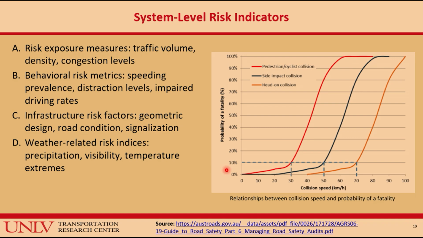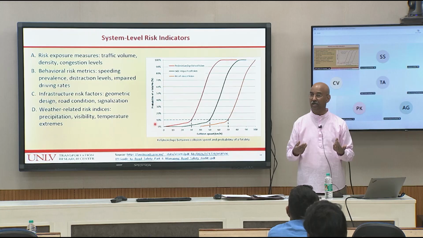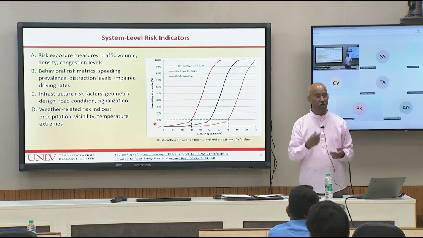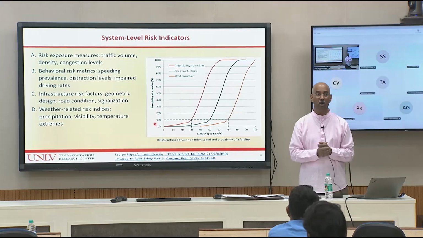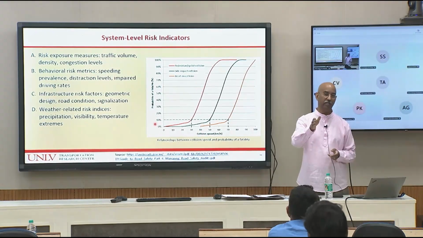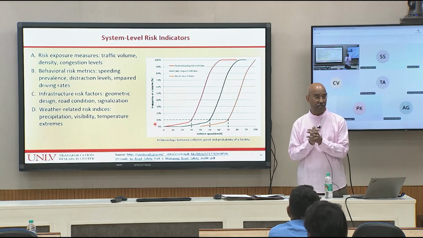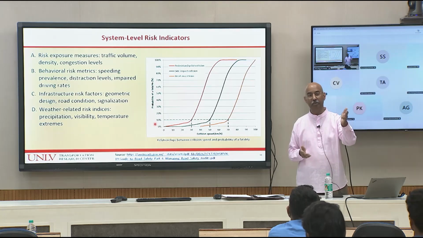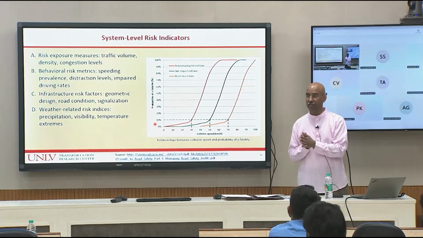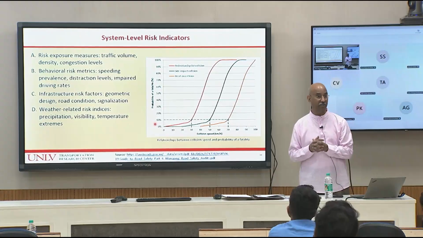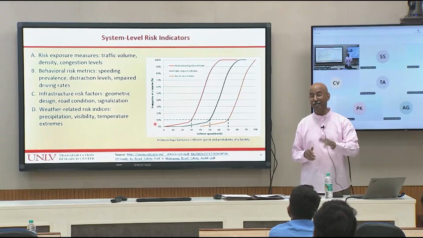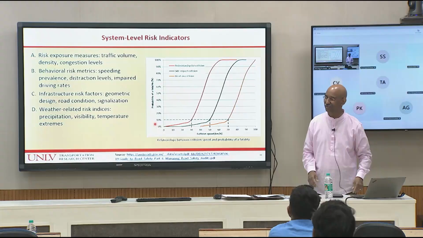Density, vehicles in a given unit of space. Congestion level, more on corridors: volume to capacity ratio, or the actual operating speed divided by the posted speed limit. If you have very heavy congestion, the operating speed is going to be much smaller than the posted speed limit. If you have very low levels of congestion, the operating speed may likely be even higher than the posted speed limit.